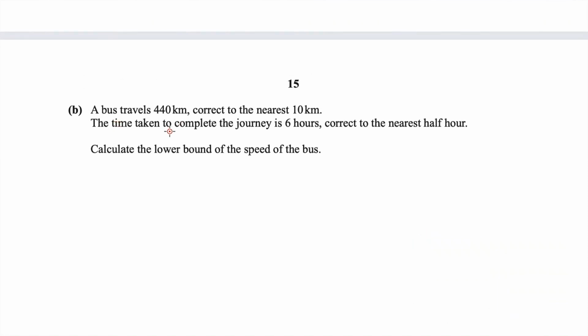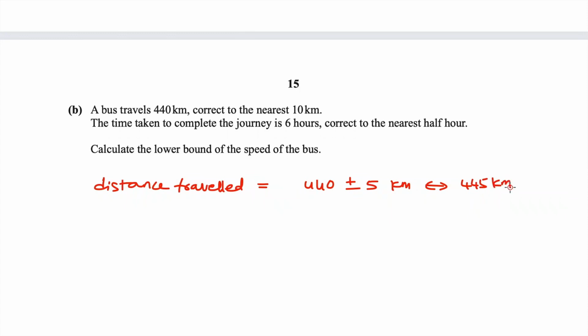A bus travels 440 kilometers correct to the nearest 10 kilometers. So the distance traveled would be 440 plus or minus 5 kilometers. So the bound is 435 kilometers to 445 kilometers. These are the two bounds.